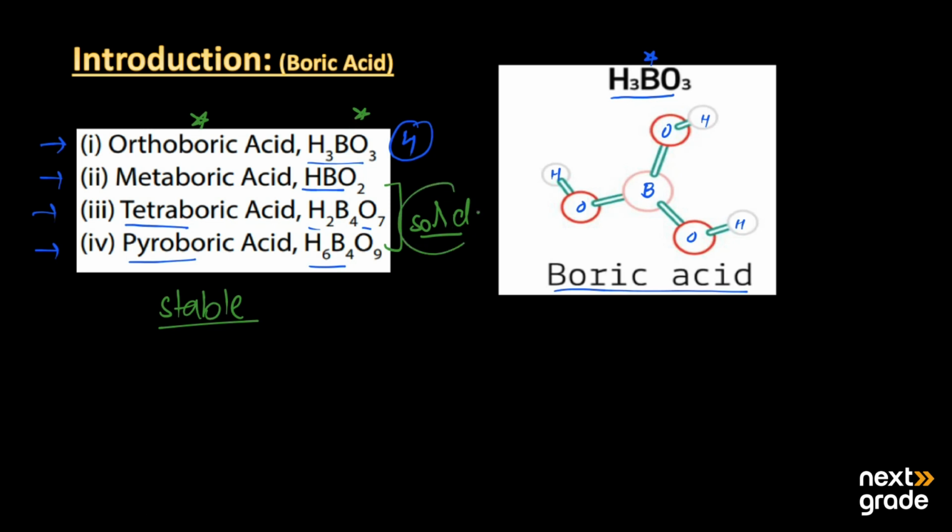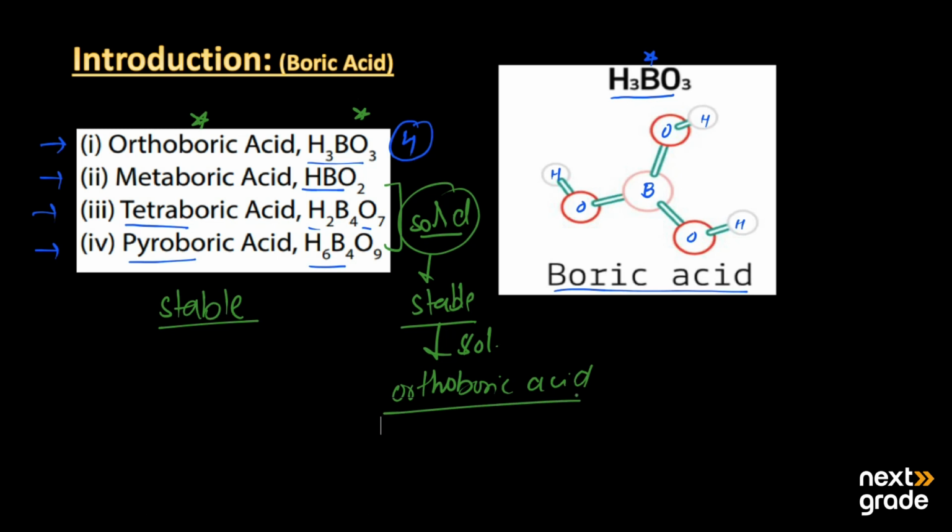So when they are in the solid state, they are stable, but when we add them into solution form, they change into orthoboric acid. It means the most stable form of boric acid is orthoboric acid. So let's look at some properties of orthoboric acid.